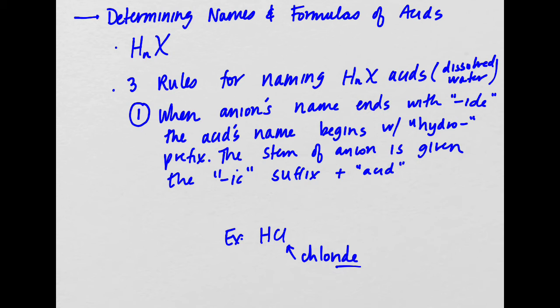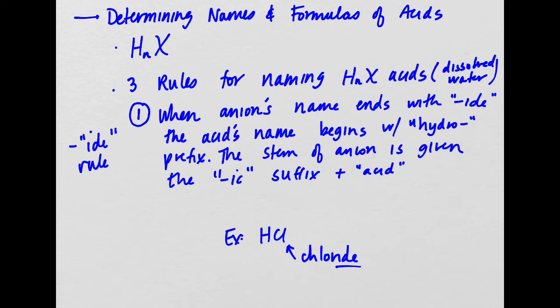I know that this is an acid because I have hydrogens combined with an anion here. So this is my acid that ends with ide. We're going to call this the ide rule. That's the easiest way to remember this. The ide rule.